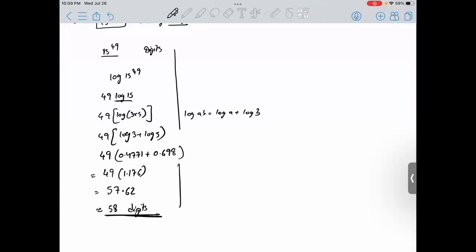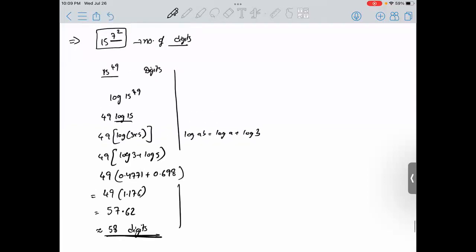Listen to this carefully. This is somewhat tricky. Log 8 of x cube minus 1 is equal to log 2 of x minus 1. This can be written as log 2 cube, x cube minus 1, is equal to log x minus 1 to the base 2. Agree?